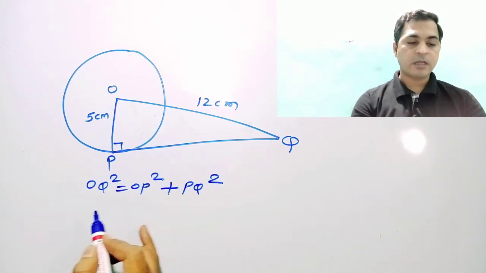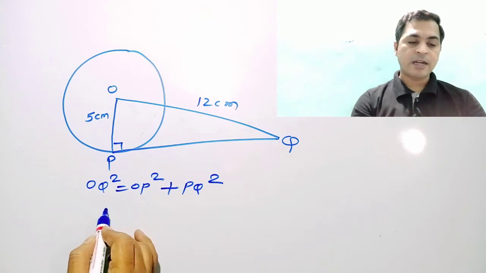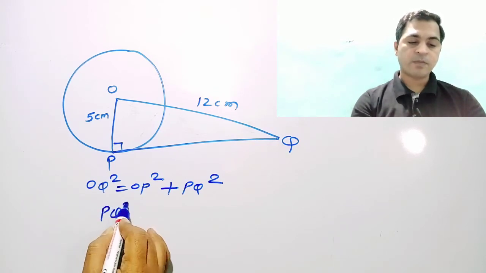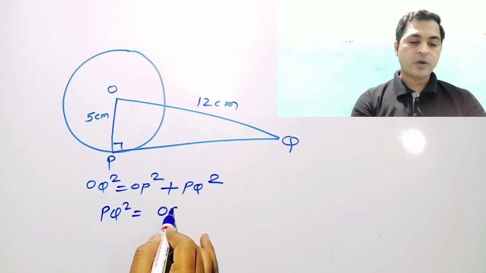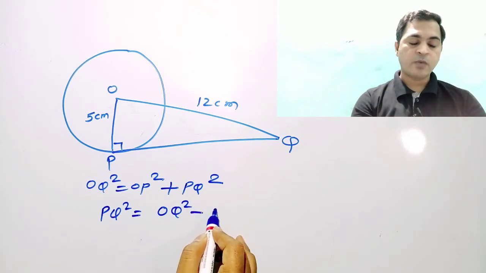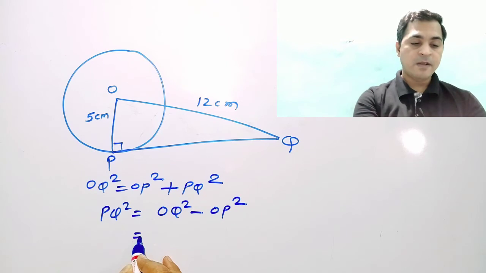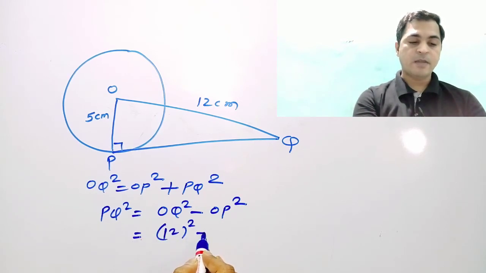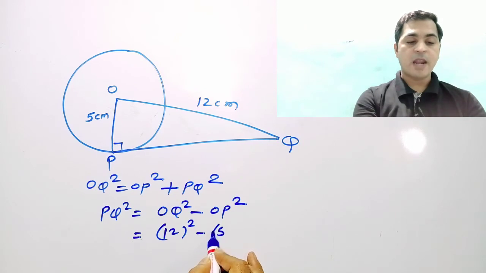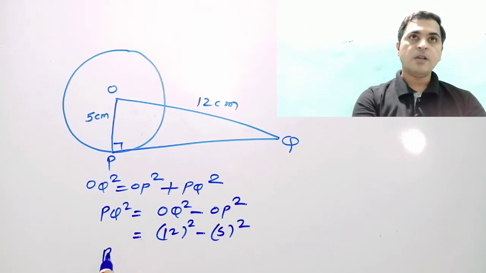So students, this triangle is a right angle triangle, so applying Pythagoras theorem, OQ square is equal to OP square plus PQ square. We want to find the length of PQ, so making PQ square the subject and putting the values of OQ square and OP square, the value of OQ is 12 and the value of OP is 5.